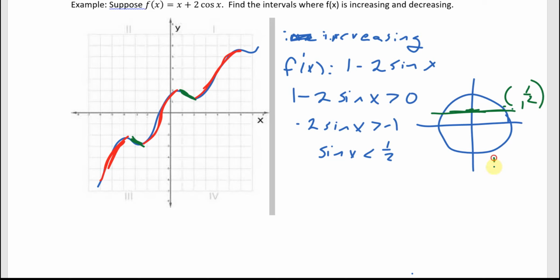So I believe that is when x is pi over 3. Okay. And then it's all this bottom half down here, all of these angles, right? Because we want all the ones that are below that. So we could write that in several ways.